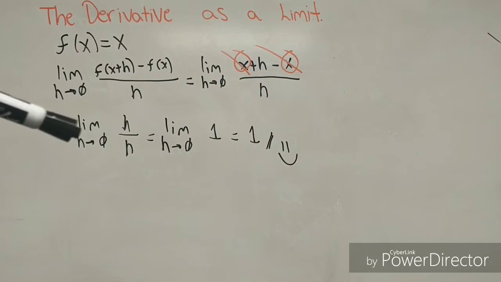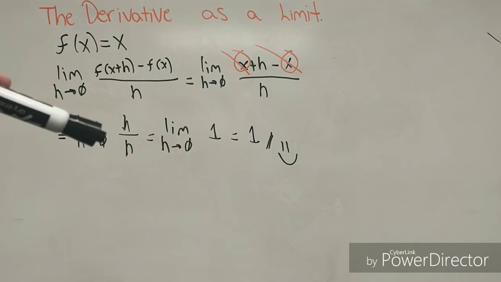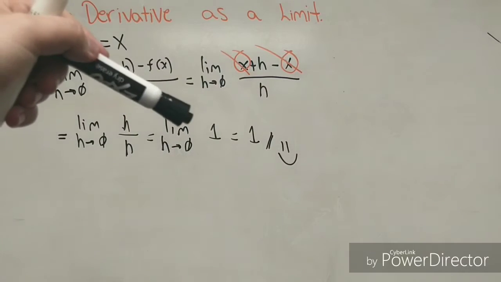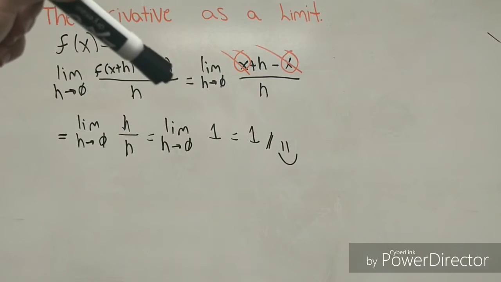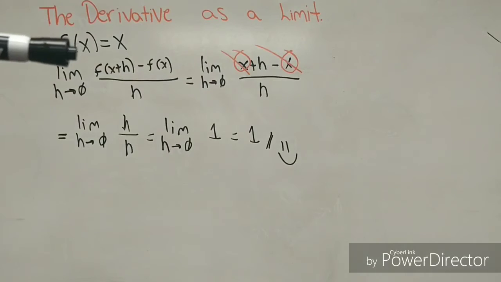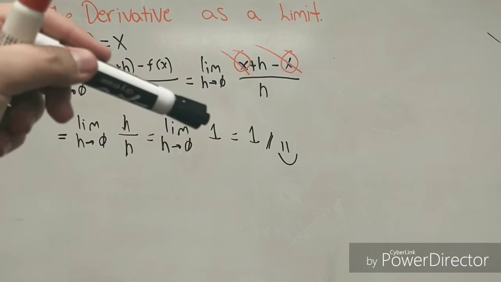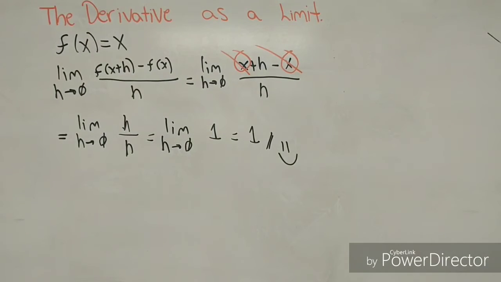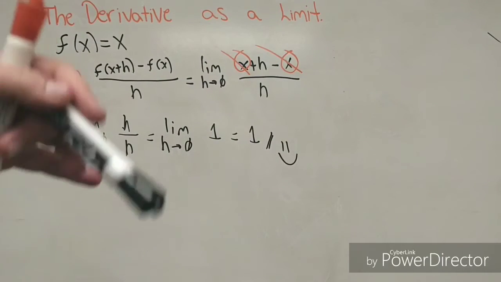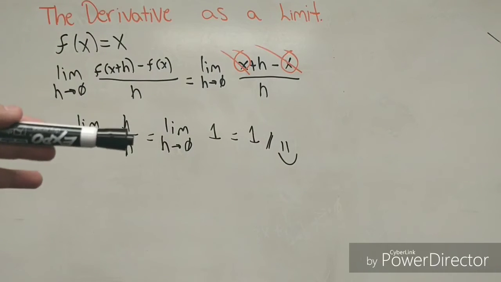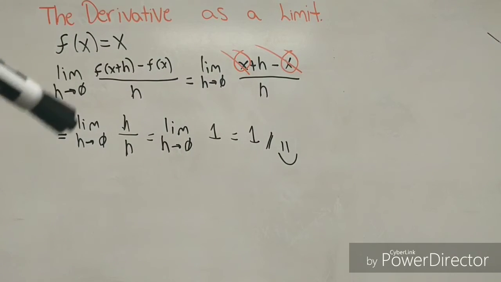So the limit of h approaching 0 of h divided into h is the same thing as that limit, but of 1. And the limit of a constant is that constant itself. And that's another thing that we're gonna use for our limits lesson that will be coming soon.